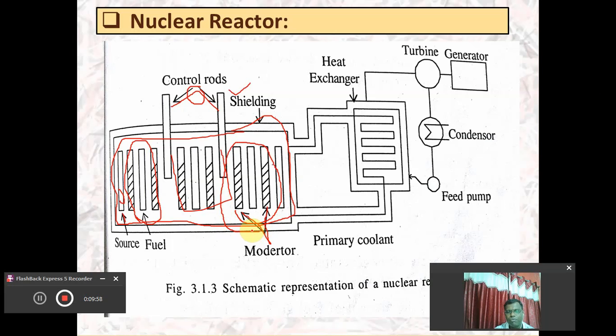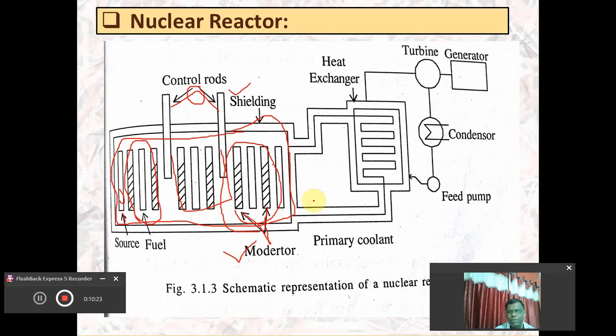The fast neutrons are obtained in the nuclear fission, and these are required for the next nuclear fission. So these must be converted into slow neutrons, because only slow neutrons are responsible for nuclear fission, and fast neutrons are converted into slow neutrons with the help of substances called the moderator.